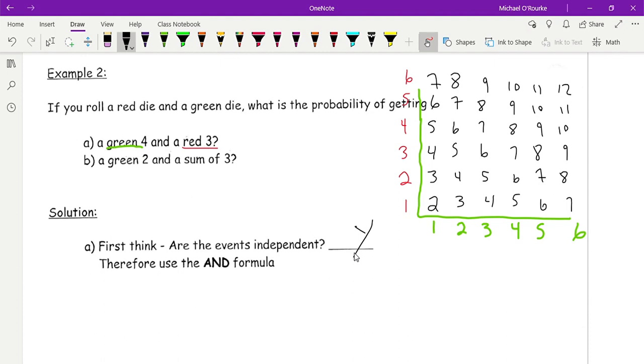The probability of a green 4 and a red 3 occurring equals the probability of a green 4 times the probability of a red 3.